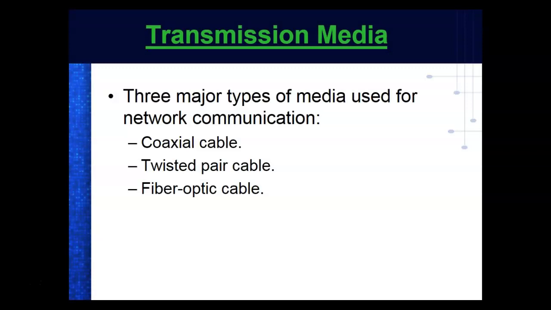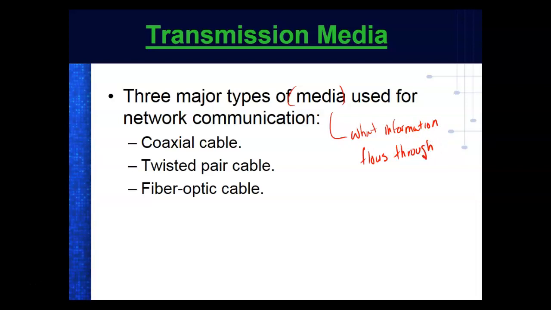But when we transmit this, we've got to send it over some media. And of course, we've already talked about this, but media is what information flows through. So right now I'm using air as a media.